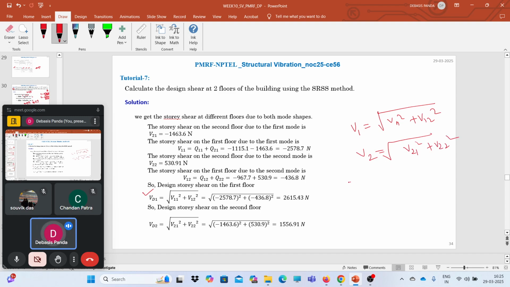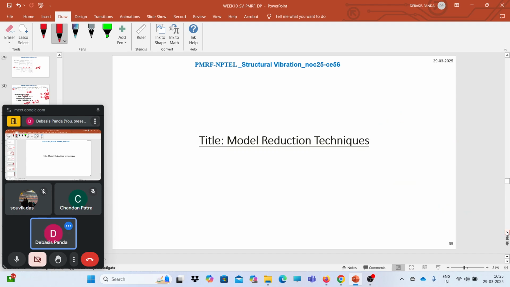Now, if you perform the exercise, you will find that V1 comes as 2615.43 Newton, and V2 comes as 1556.91 Newton, right? So in this way, we can calculate the values of the Storey shear at different modes. So that was all for how we can solve a multi-degree of freedom system.